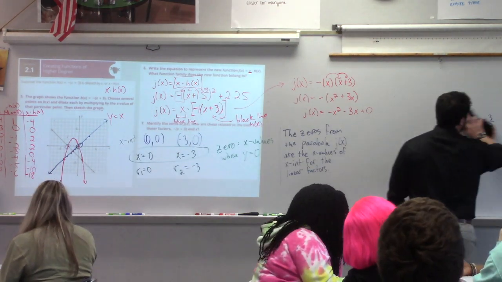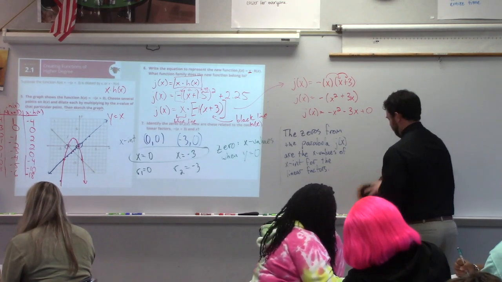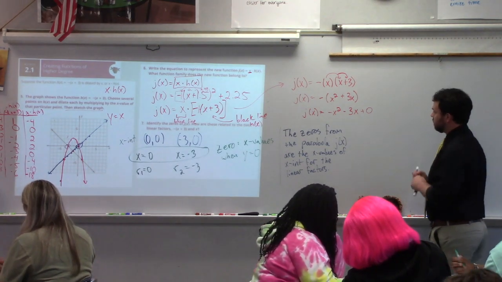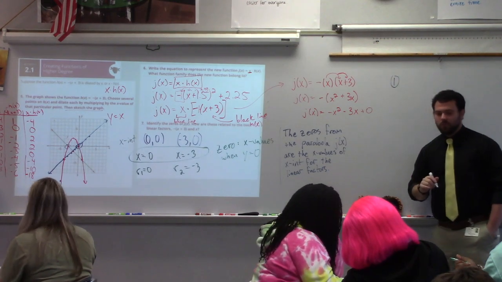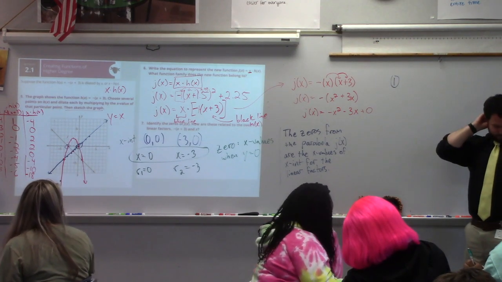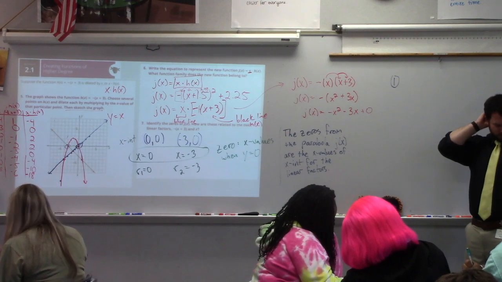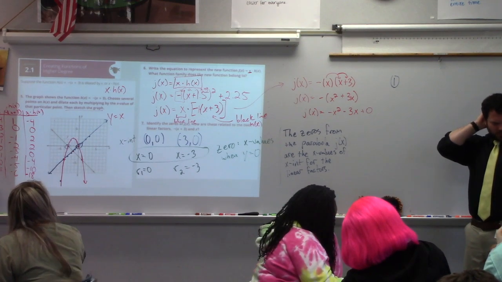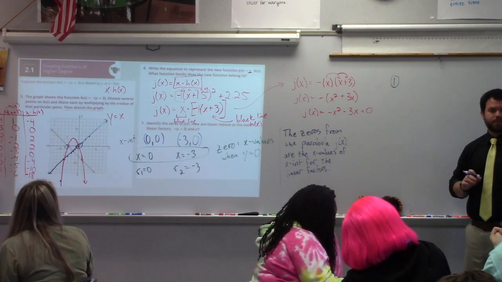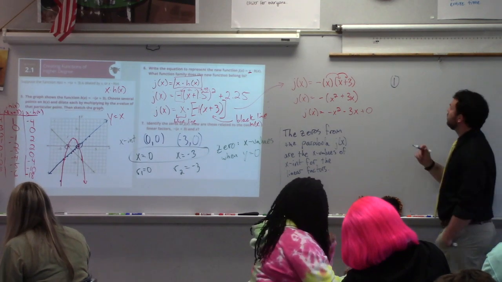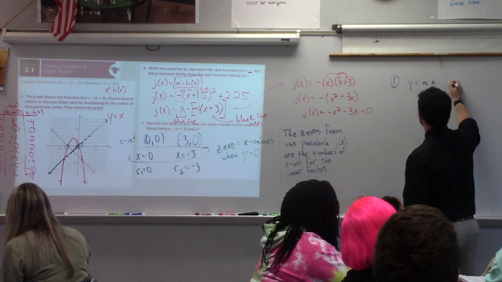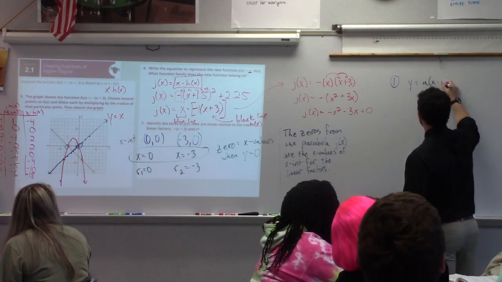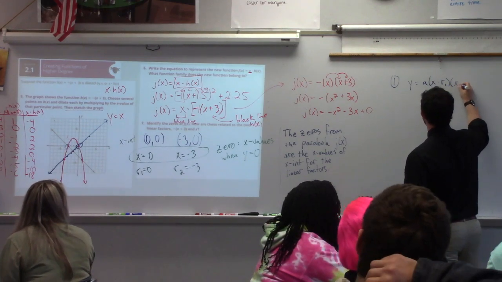There's two quick things I want to point out about this. First off, what's the factored form? Factored form is a times parentheses, x minus R1, and then x minus R2.